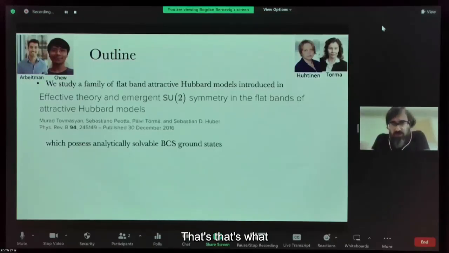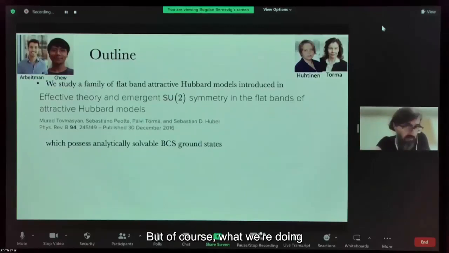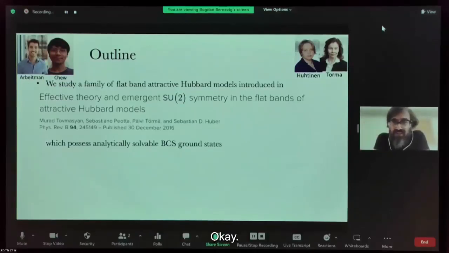But of course, what we're doing is also valid in the case where the bands are not exactly flat, but the interaction is larger than the bandwidth of the band, but smaller than the gap between the bands and the other dispersive bands, and the Fermi level is within the quasi-flat band.